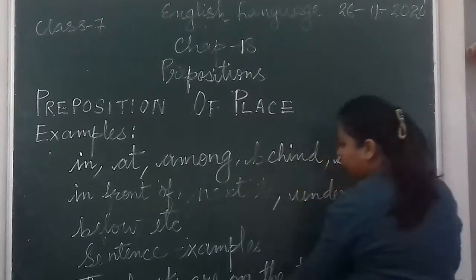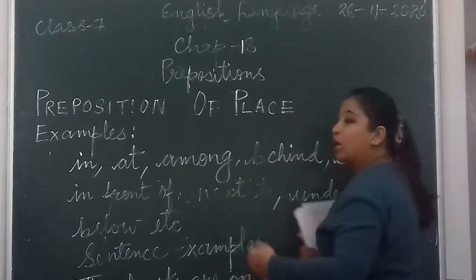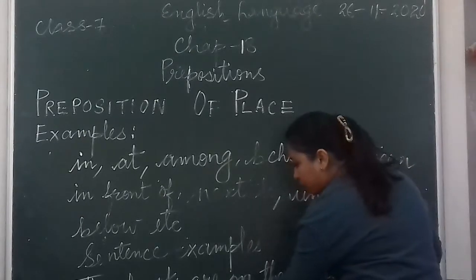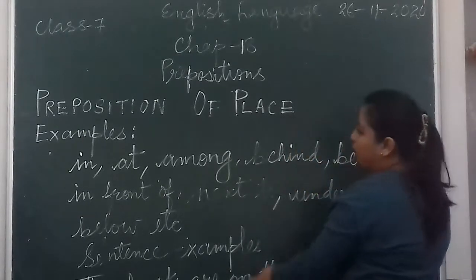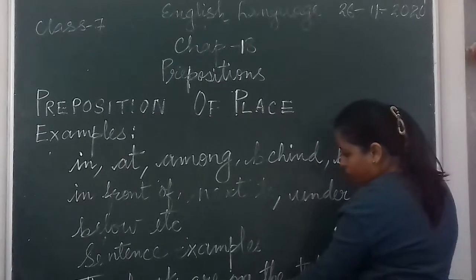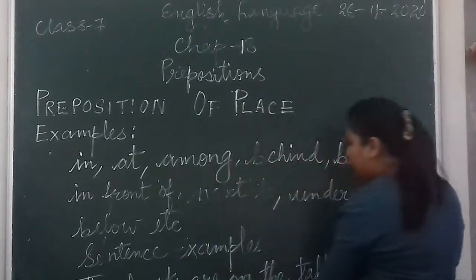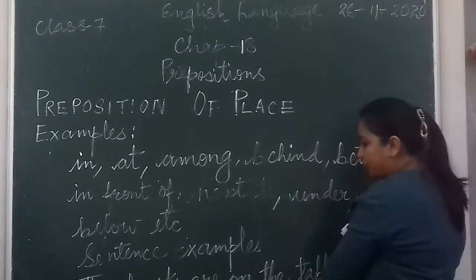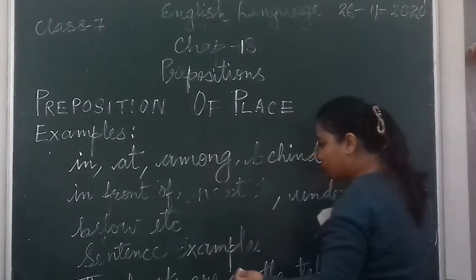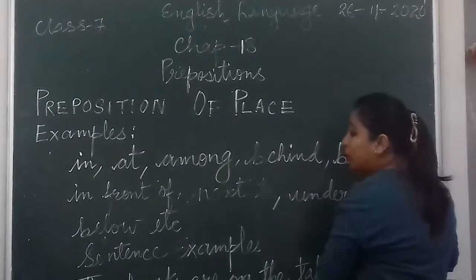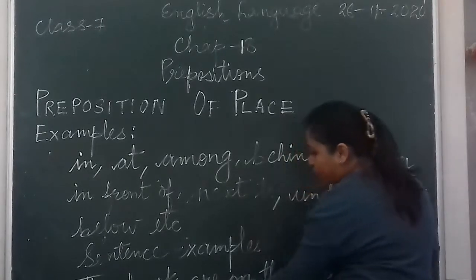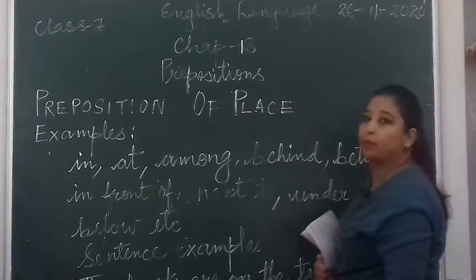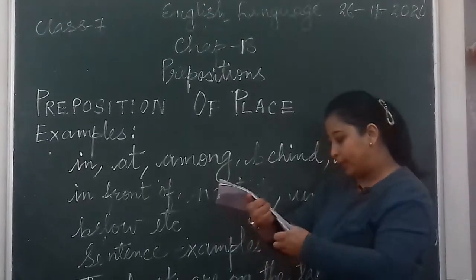This "on" establishes a relationship of the books with that of the table. So where are the books, in which place? On the table. So this "on the table" is known as the preposition of place.